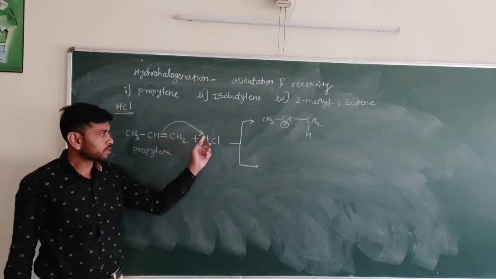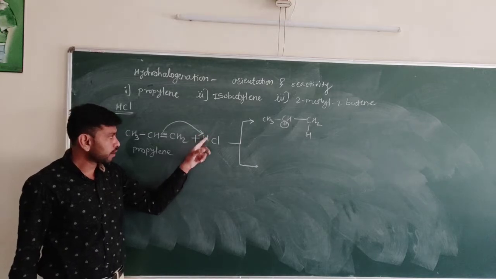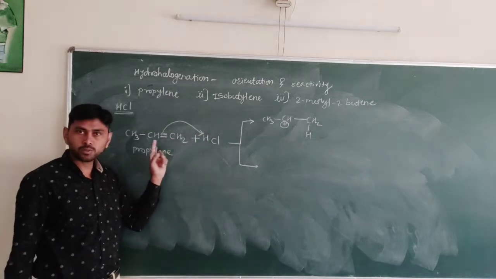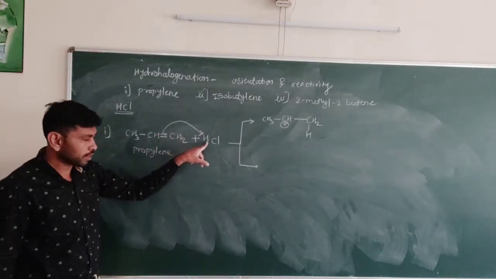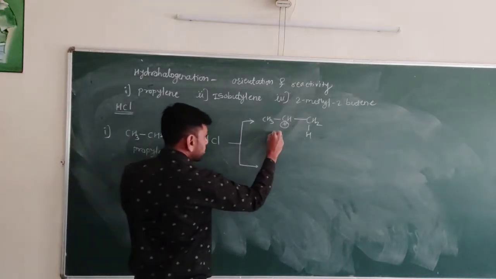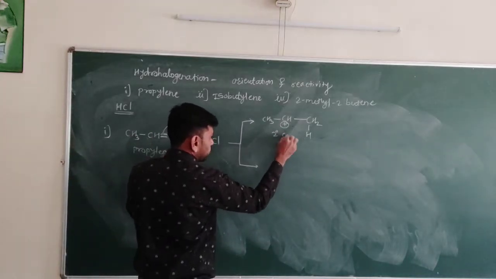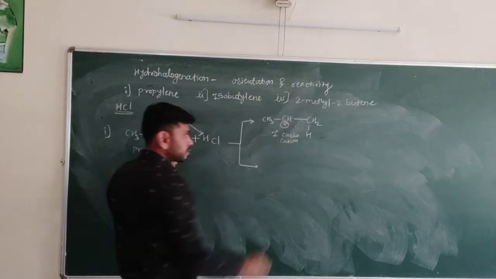When the double bond attacks this proton, there is a possibility of attachment of this hydrogen to this carbon and also to this carbon. When this hydrogen attaches to this carbon, there is formation of a secondary carbocation.